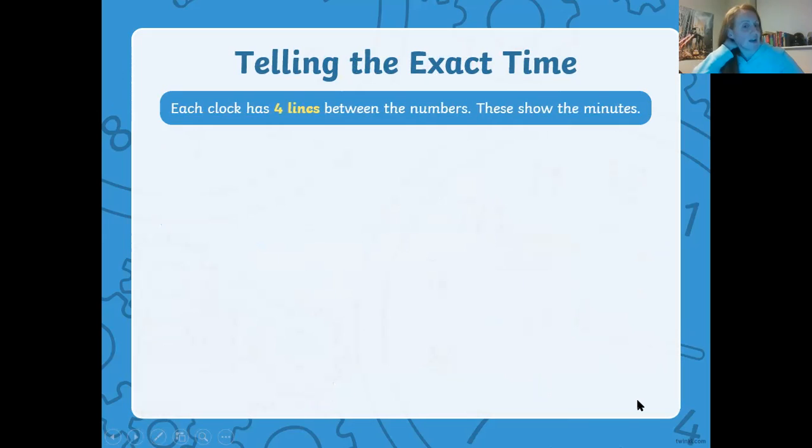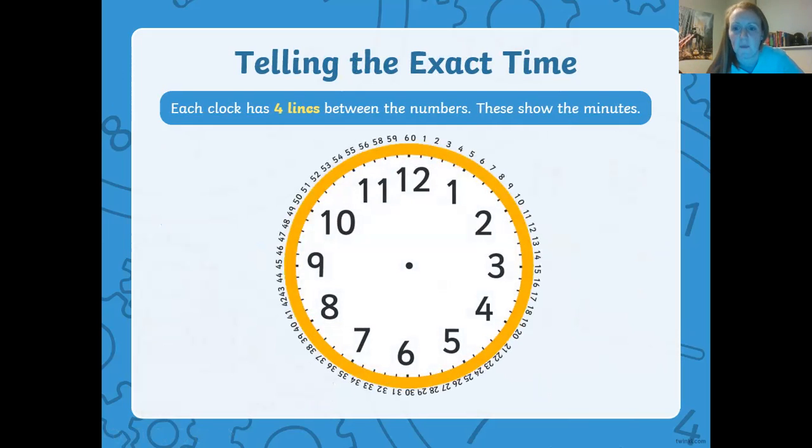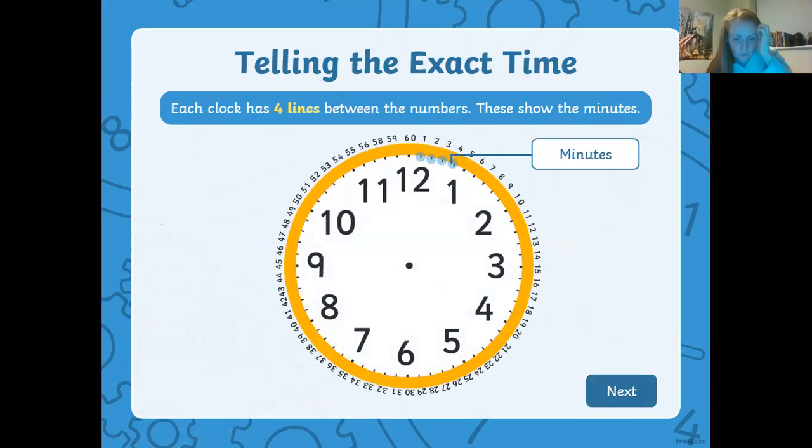So each clock has 4 lines between the numbers. These show the minutes. Now, when you looked at a clock on Monday for your assessment, you were looking just at these bigger numbers here on our analog clock face. And there are 12 numbers that go round.